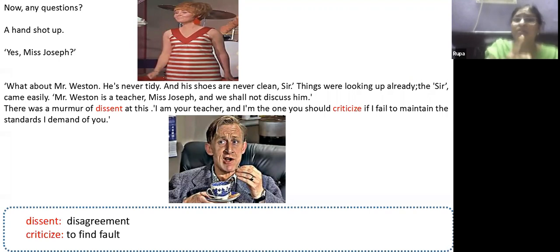You have all the right to point your finger at me, not at any other teacher. Because as a teacher, I am expecting these things from you, and I said I am going to be an example for you all. So you definitely find fault with me. You can criticize me, if I fail to maintain the standards, the things which I am expecting from you all.